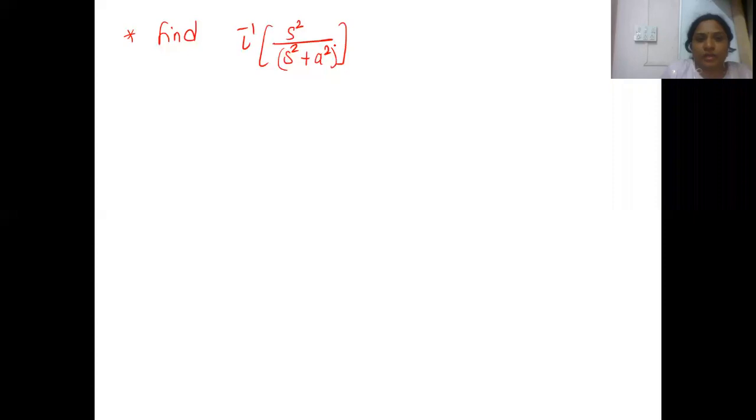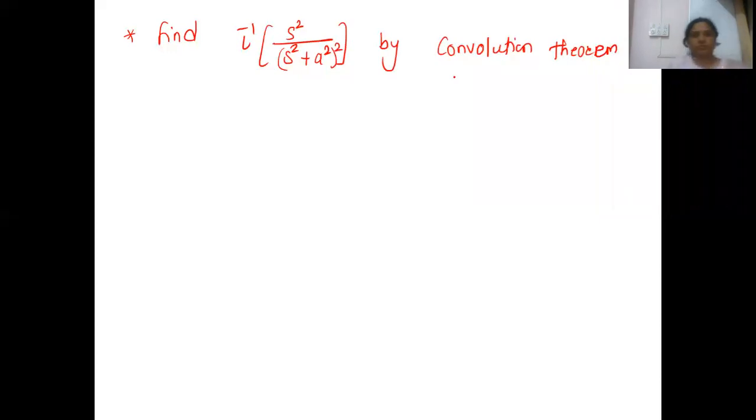The question is: find the Laplace inverse of s square upon (s square plus a square) whole square by convolution theorem. For convolution theorem, there should be two functions of s multiplied.